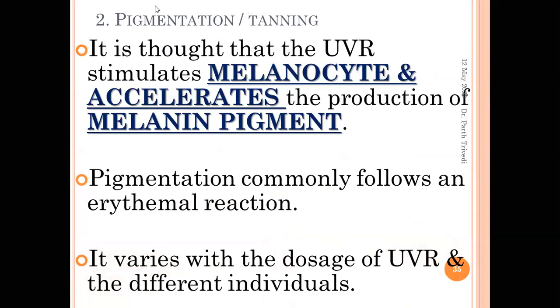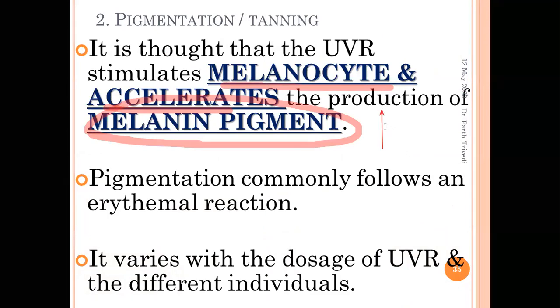Apart from this, redness of the skin or erythema is always followed by pigmentation. Why pigmentation? Because it stimulates the melanocytes. Once the melanocytes are stimulated, it accelerates melanin pigmentation. So that is why there is increased melanin.